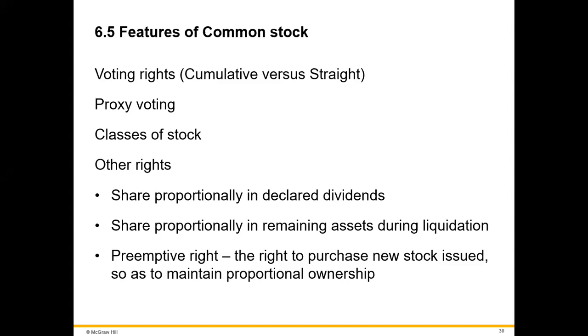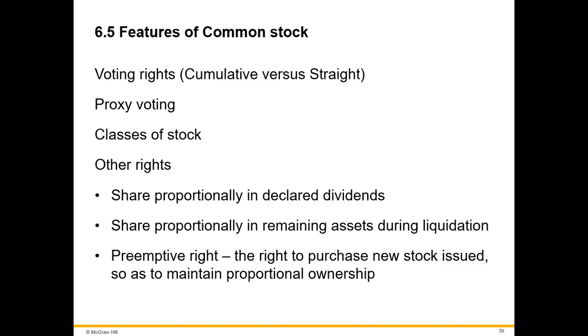There's different classes of common stock. There could be A, B, C, and it all depends on the company. Different classes of stock may have different dividends attached to them, different rights, things like that. There are other rights with an owner of a share of stock.